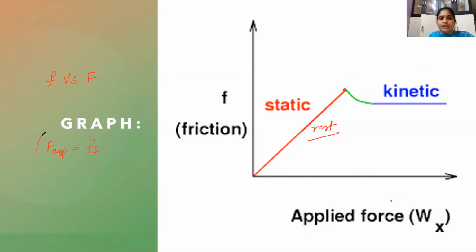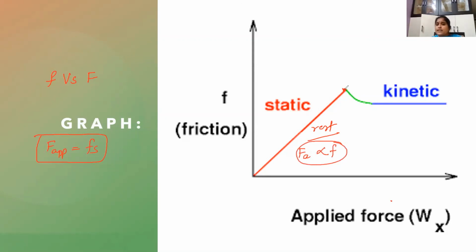Because static friction is a self-adjusting force, the static friction will be equal to the applied force and change proportionately according to it. Since they are proportional, the graph of the static frictional force versus applied force is a straight line.